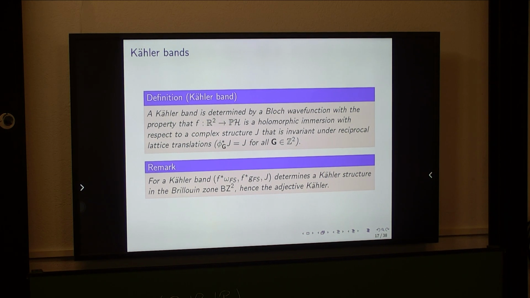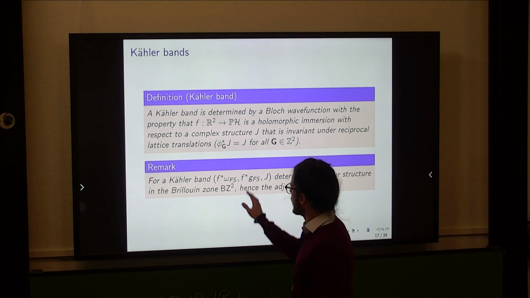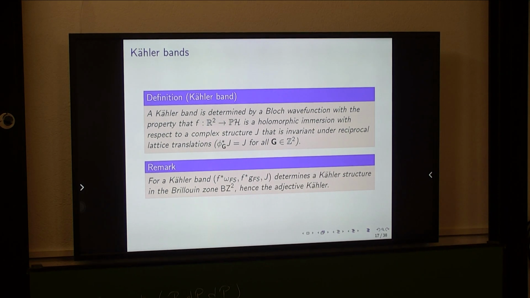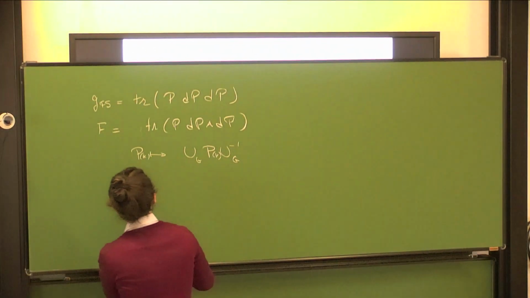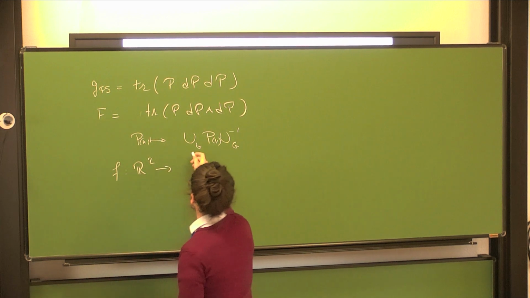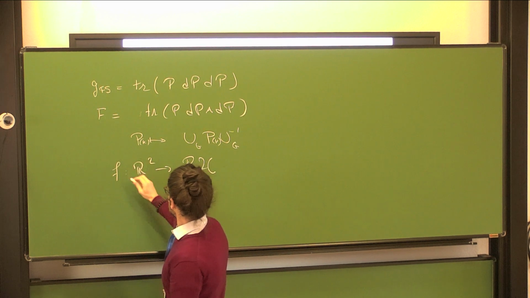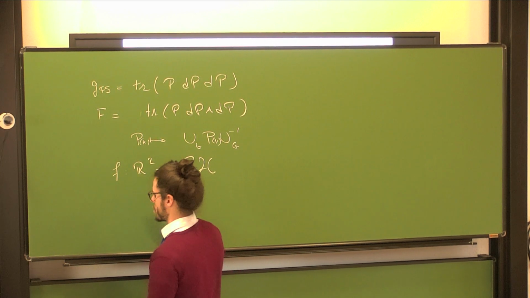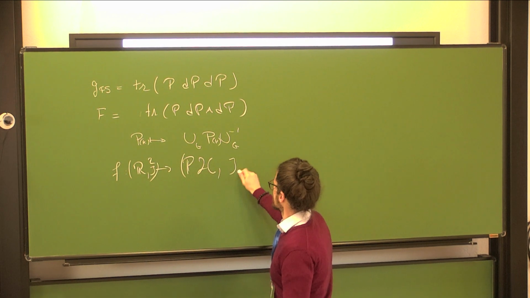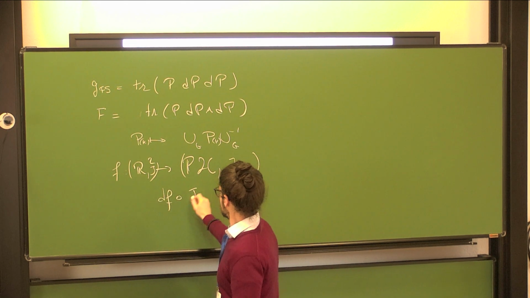So J sits on what? On the R2? J is a complex structure on R2, right? And this map has to satisfy, so I have a map from R2 to the projectivization of H, and R2 is equipped with J, and H carries the Fubini-Study complex structure, and there's a commutativity.